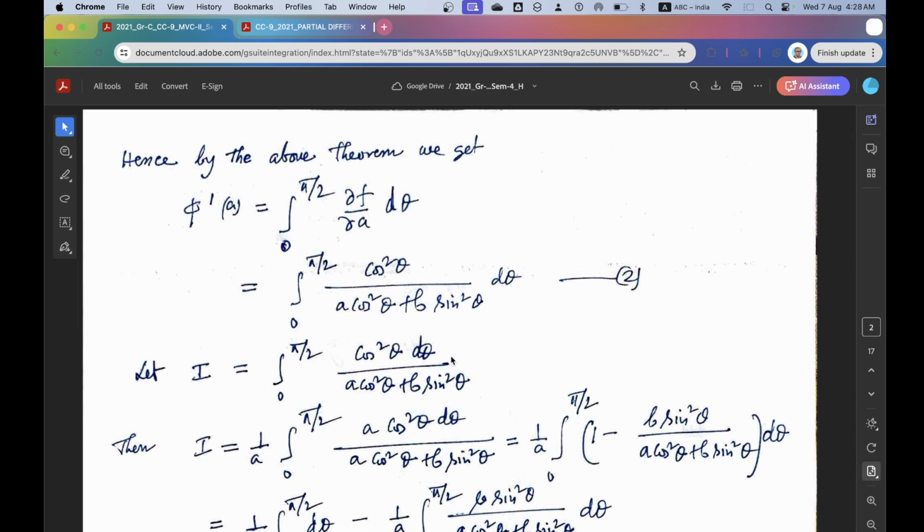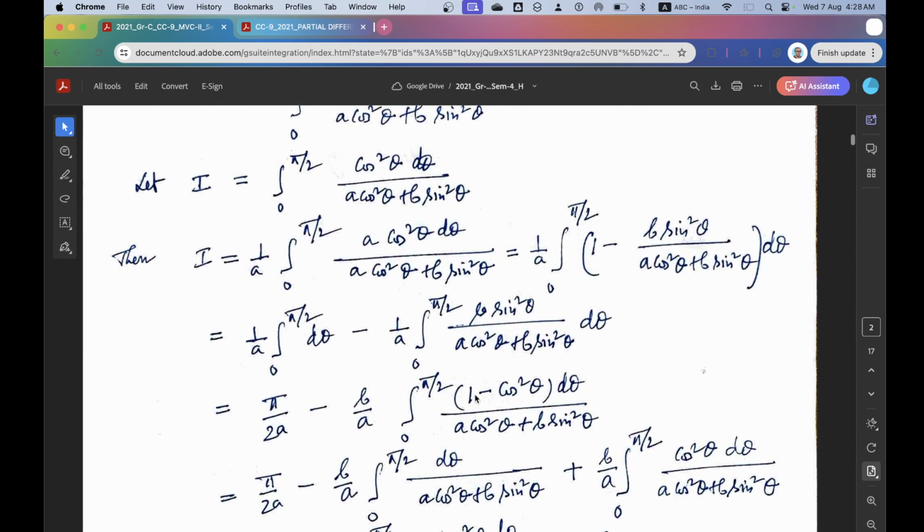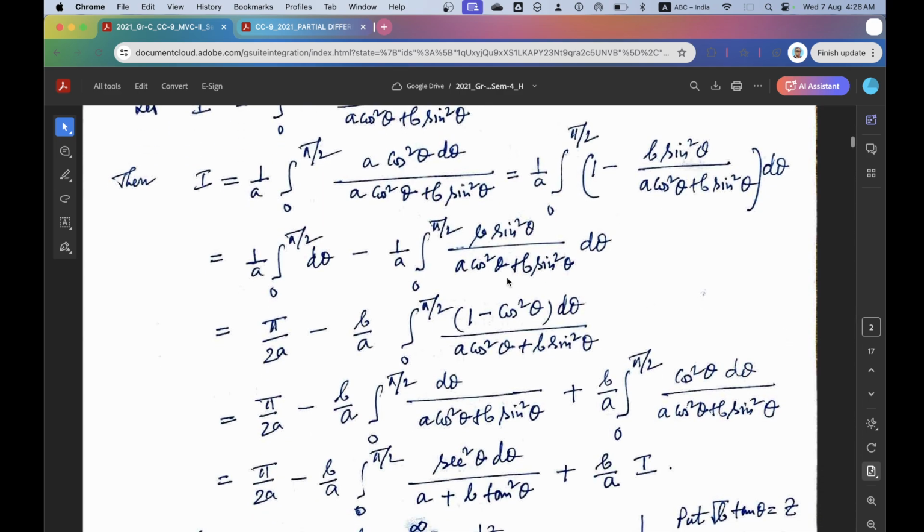So I equals 1 by a times the integration from 0 to pi by 2 of a cos square theta d theta divided by (a cos square theta plus b sin square theta), which equals 1 by a times the integration from 0 to pi by 2 of (1 minus b sin square theta divided by (a cos square theta plus b sin square theta)) d theta, which equals 1 by a integration from 0 to pi by 2 of d theta minus 1 by a integration from 0 to pi by 2 of b sin square theta divided by (a cos square theta plus b sin square theta) d theta.